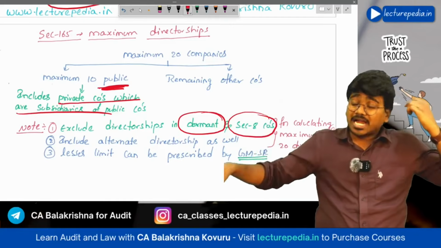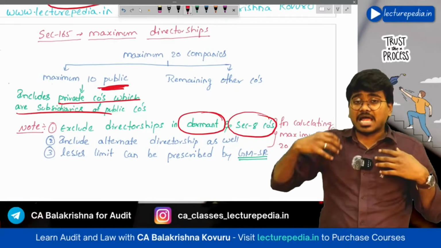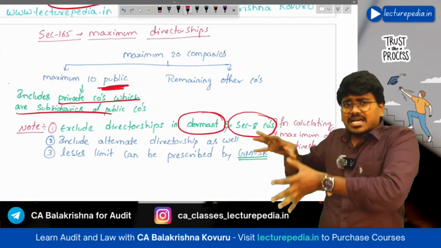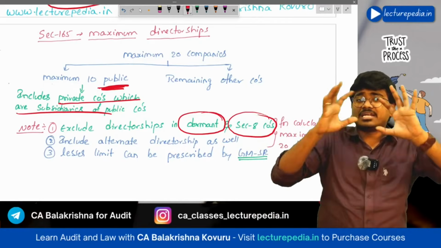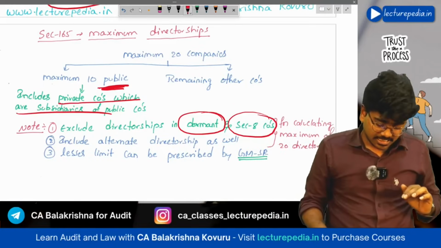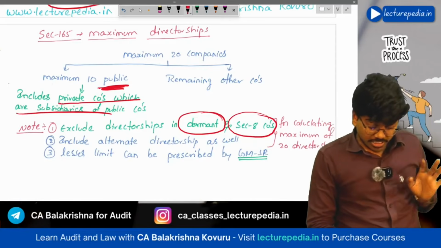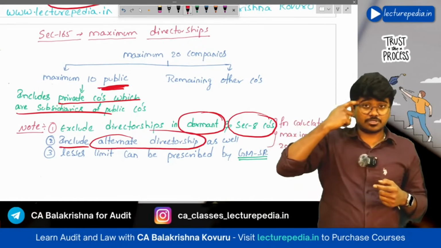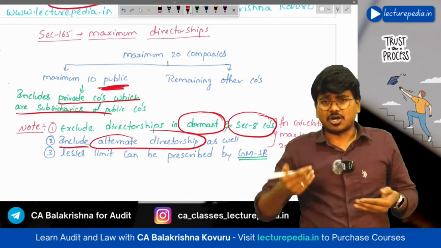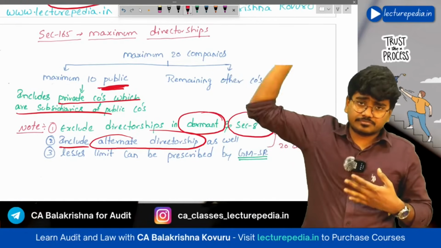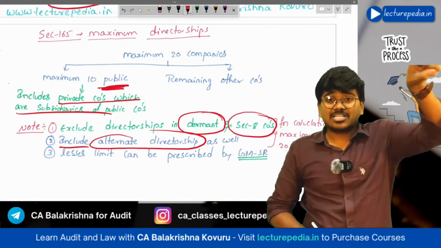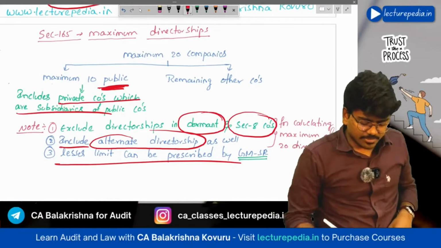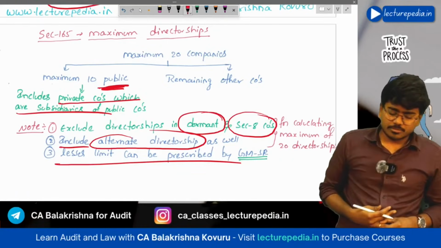Okay, and section 8 companies, if you are acting as director of dormant company or any section 8 company, those directorships you can exclude for calculating this maximum of 20 directorships. You should include alternate directorship for calculating 20 directorships. Okay, if you are acting as alternate director in any company, even that has to be included for calculating this 20 directorships. And a lesser limit can be prescribed by general meeting special resolution.